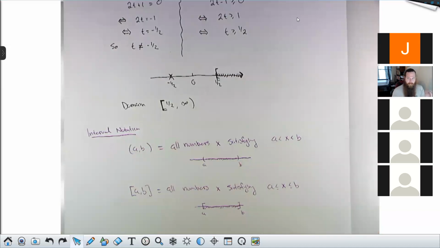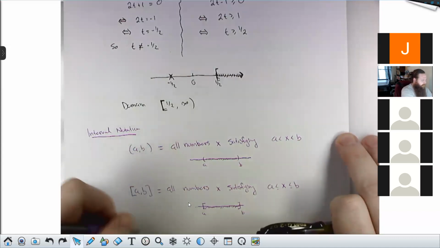And then you can mix and match those as you want. You can have left closed, right open. So the left endpoint would be included and the right endpoint wouldn't be. You could have left open, right closed. So the left endpoint isn't included, but the right endpoint is.